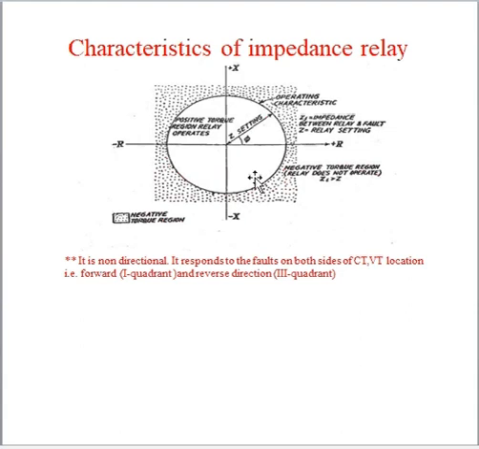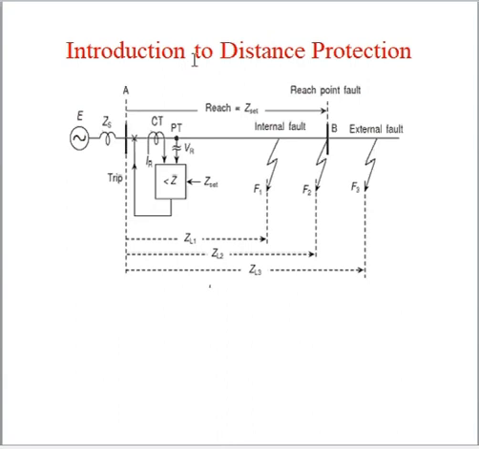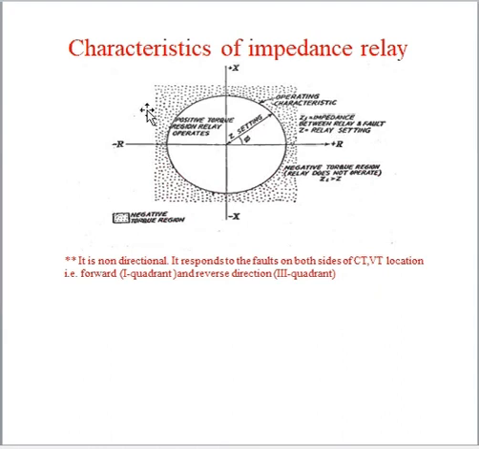This circle is the set value. Okay, that circle is whatever set value we are giving, and this is the set value from here to here, the impedance. That circle is the set value of the relay.